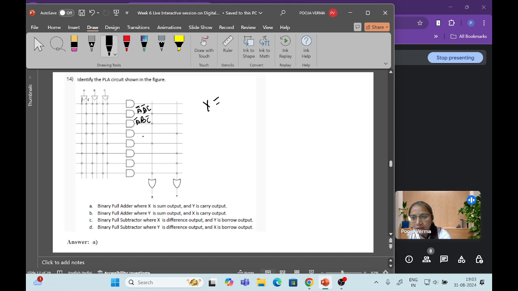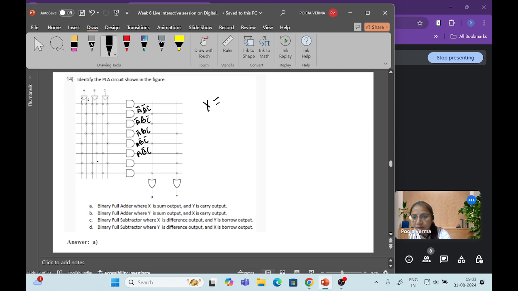It is A dash, B, and C. Now check the next one: A, B dash, C dash. Now the next one: A, B dash, C.